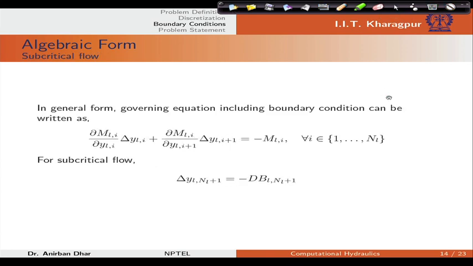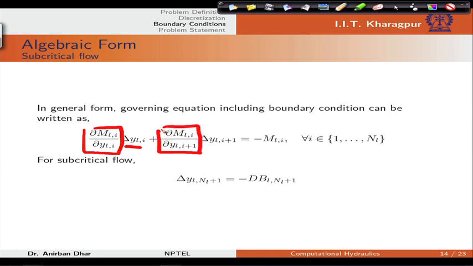Now, in general form the governing equation including boundary condition can be written as this. These are the coefficients which we have calculated for our Jacobian matrix, and delta Li and delta Li plus 1 are the increment values.